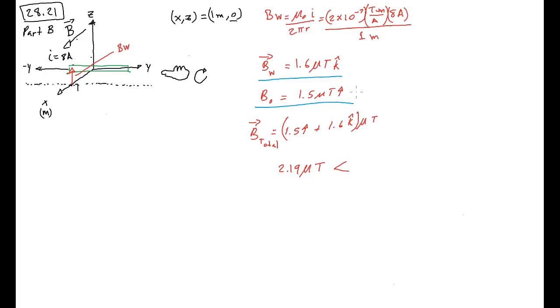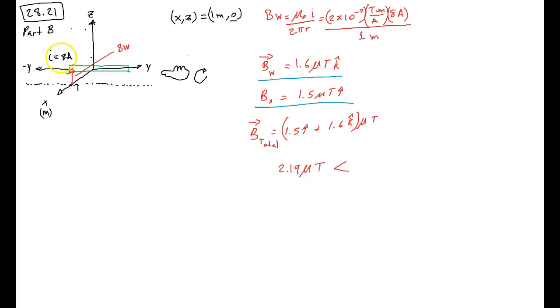Okay, so I'm going to get rid of this one. And this will be the B_0, this one. And the resulting vector I'll draw with a different marker, different color. It would be the addition of these two, and would be oriented in this direction, would be B total. Okay, does that make sense to you?